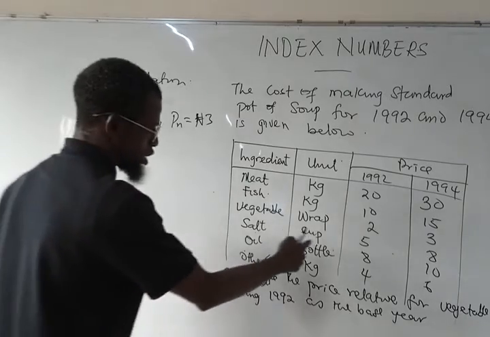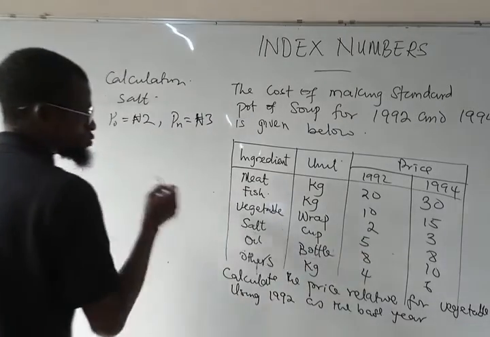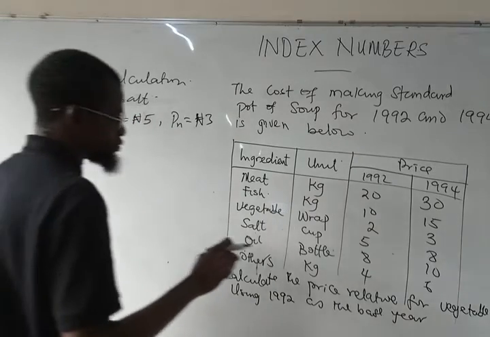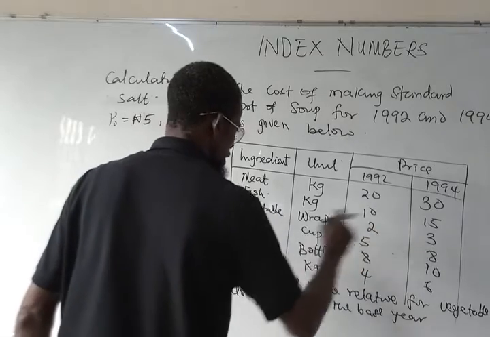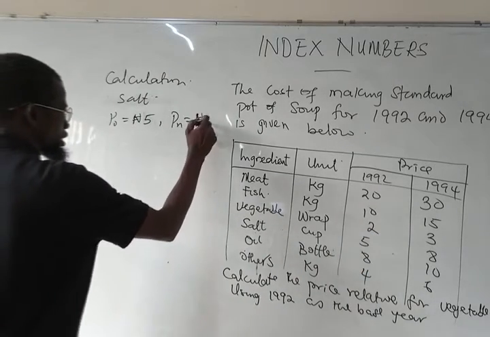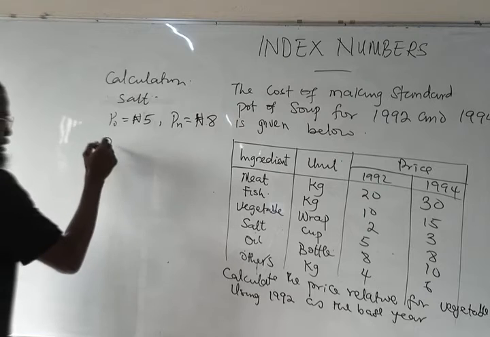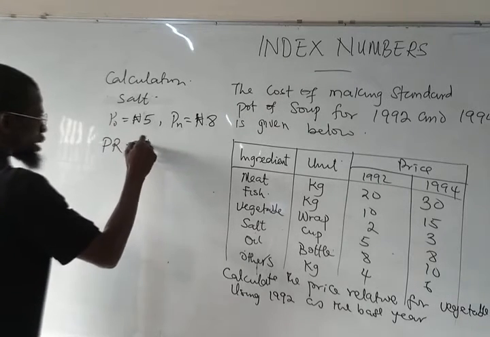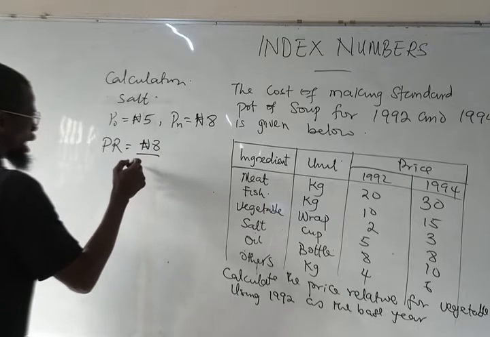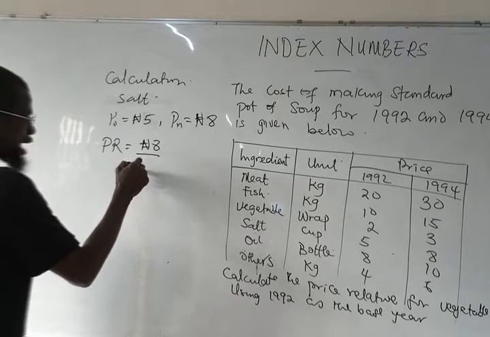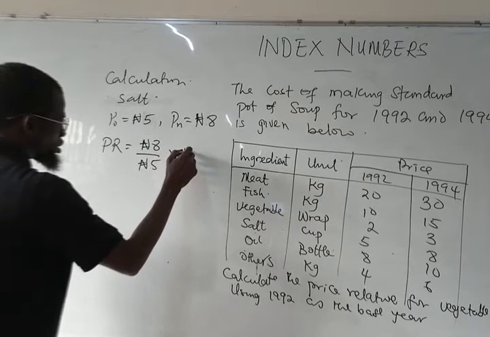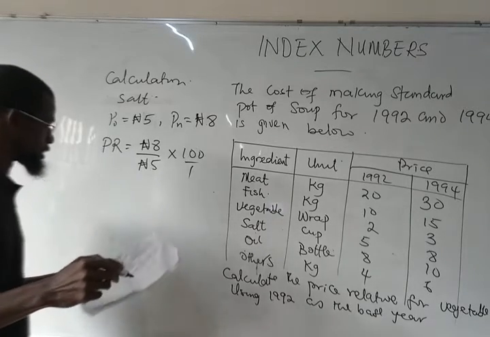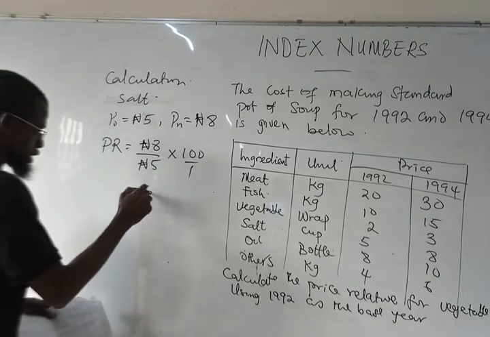The price for the salt is, for the base year, 5 naira, whereas for the current year it is 8 naira. Like we have said, the price relative is going to be our 8 naira over our 5 naira times 100 over 1. And if you look at that, we realize that this will give us 160%.